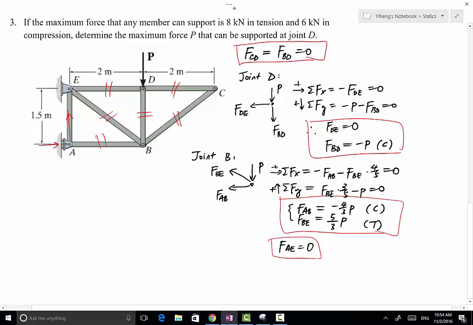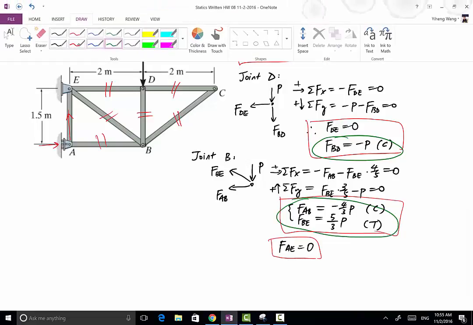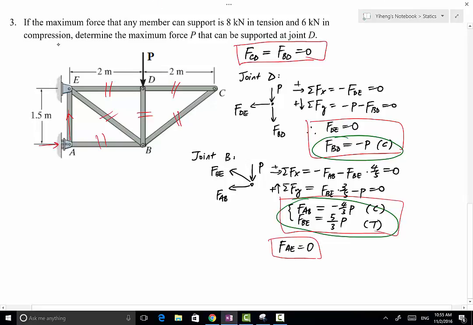So what remains are FBD equals negative P, FAB is negative 4/3 P, and FBE is positive 5/3 P. Therefore, moving over here, the maximum tension force can only be FBE, because FBE is actually the only one that is in tension.